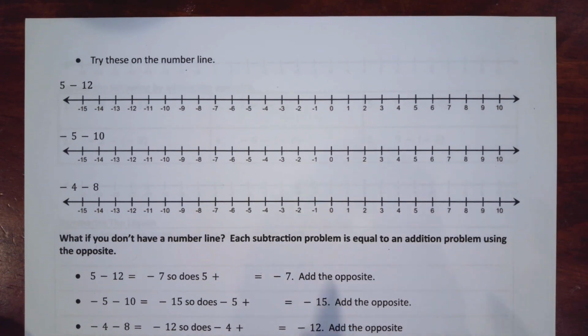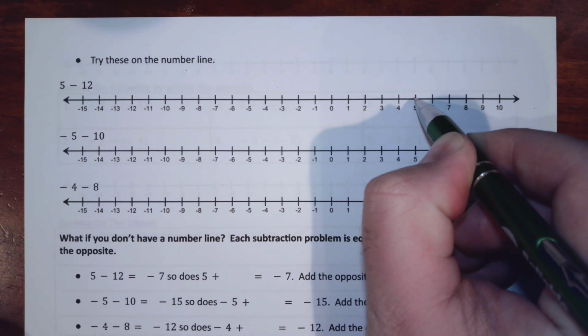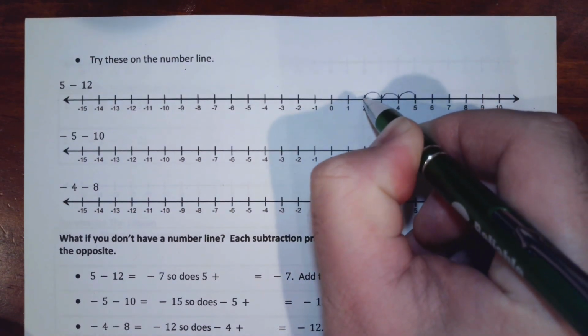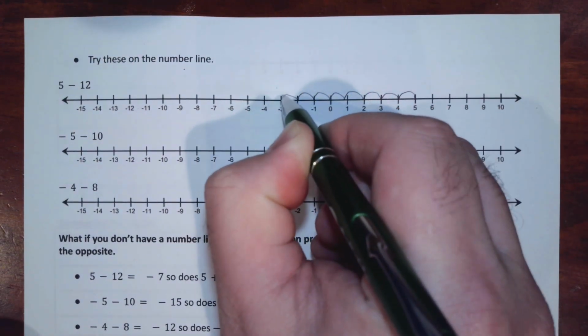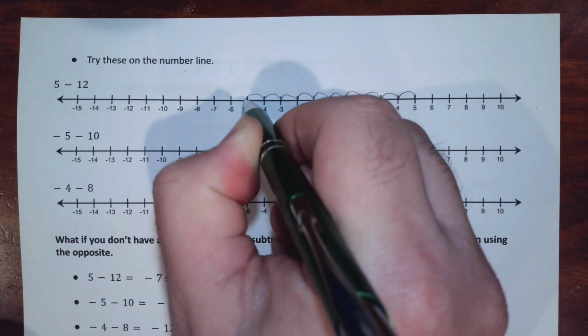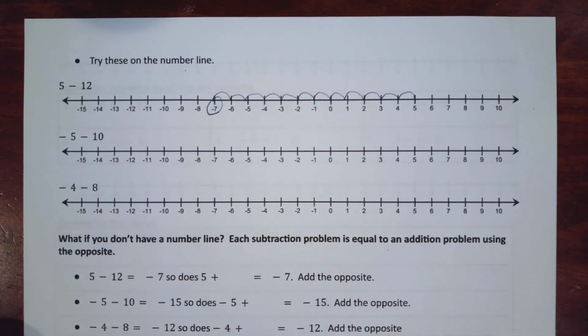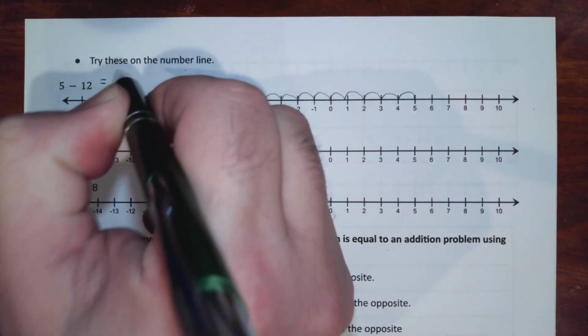So 5 minus 12: we start at 5, and then minus 12, we're going to decrease by 12. And where we end is our answer. So 5 minus 12 equals -7.